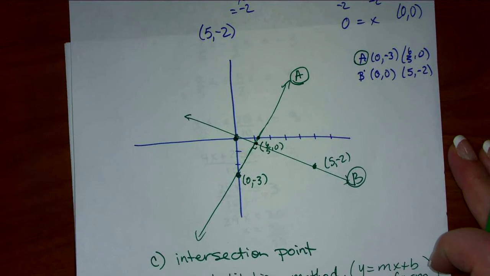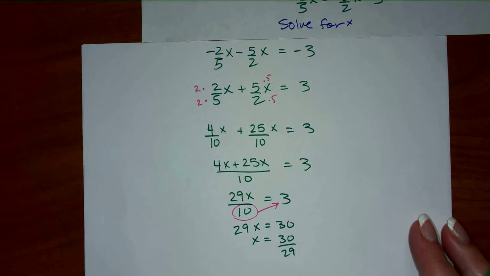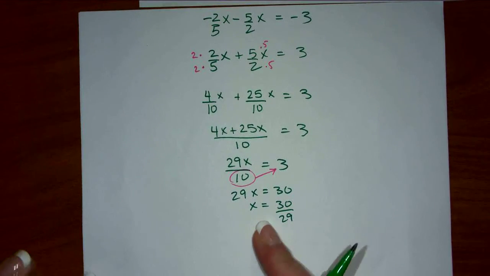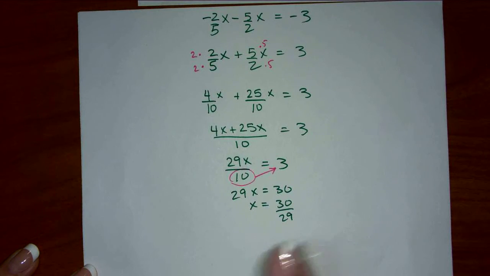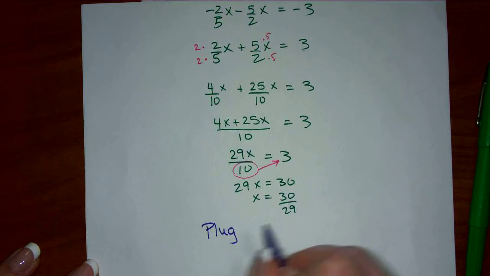Okay. Now, how do you get the y value? You plug that into either equation, because we set them equal, so the y values are equal. So the next step would be to plug this into either equation and solve for y.